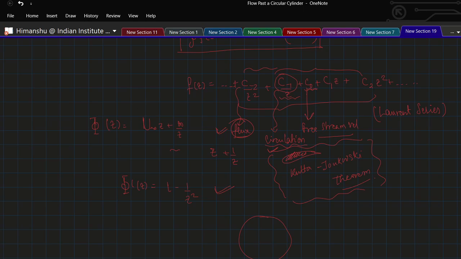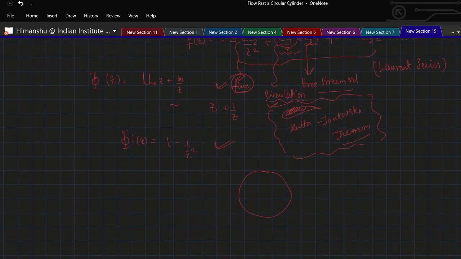But let's see the integration of the square of this function. We'll get a type of 1 plus 1 over z to the power 4 minus 2 over z squared dz.